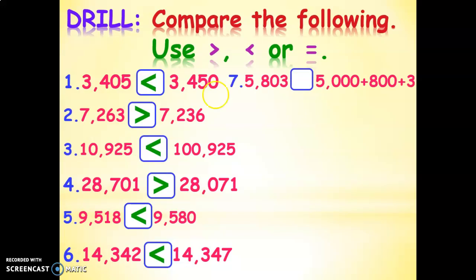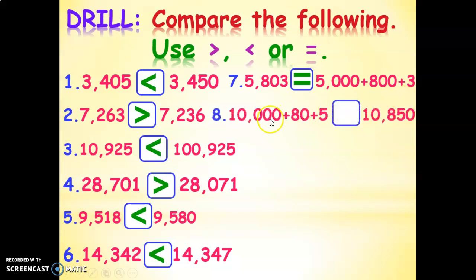For number 7, you have 5,803. Compare this to 5,000 plus 800 plus 3. The answer is equal. For number 8, you have 10,000 plus 80 plus 5. Compare this to 10,850. The answer is less than.